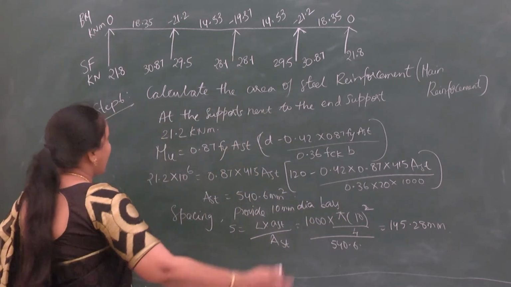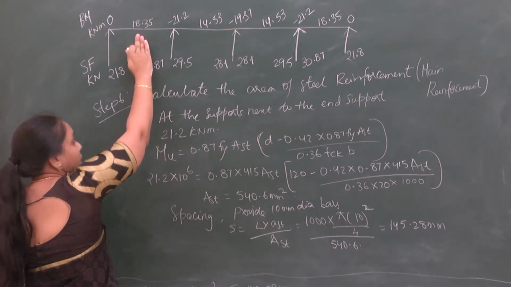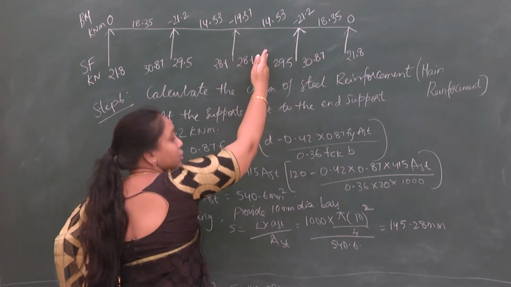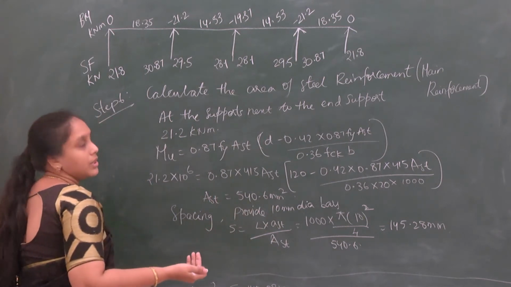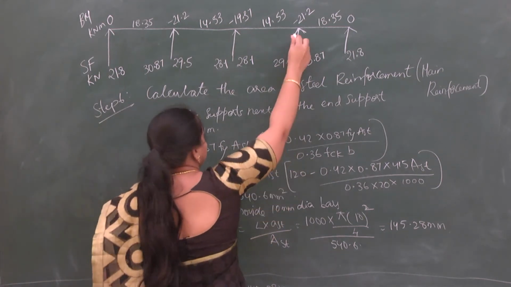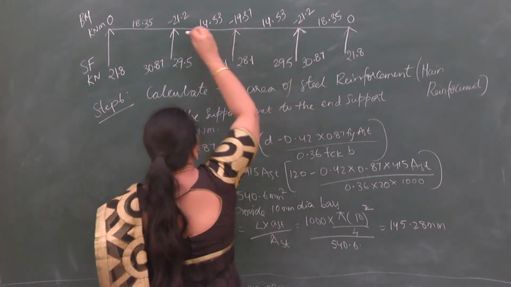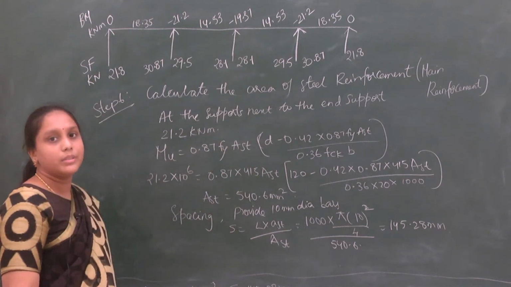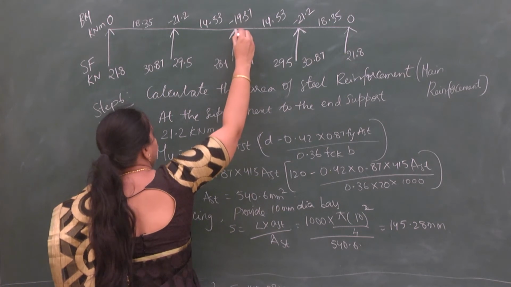Now we have calculated the AST required at the center of the end supports as well as the centers of the intermediate supports, and we have calculated the AST required at the supports which are next to the end support. Now what is left out? The intermediate support is left out here.